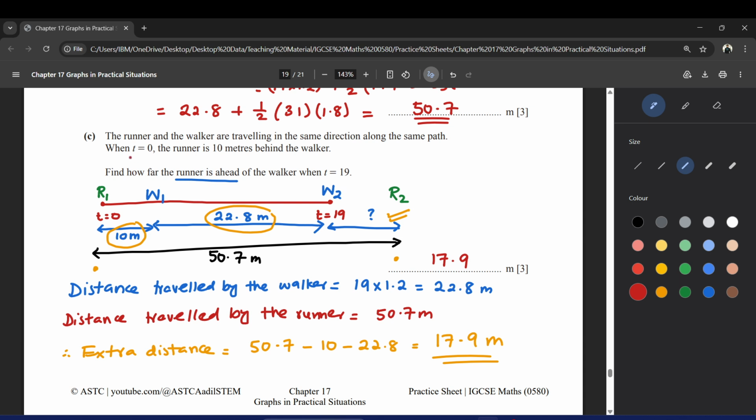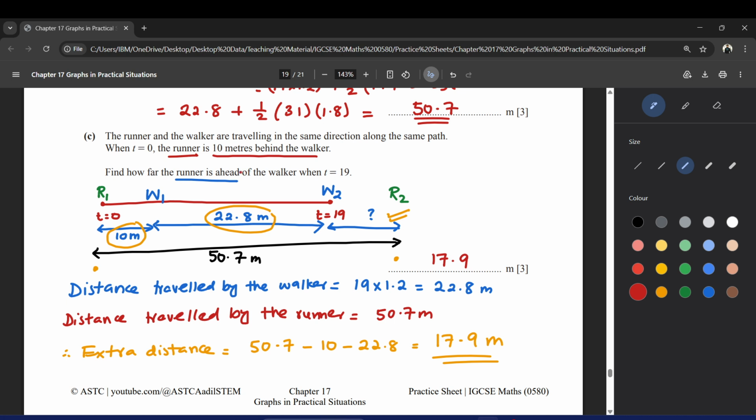When t is equal to 0, the runner is 10 meters behind the walker. So you can see there's a difference of 10 meters. In other words, the walker is 10 meters ahead of the runner. Find how far the runner is ahead of the walker when t equals 19.